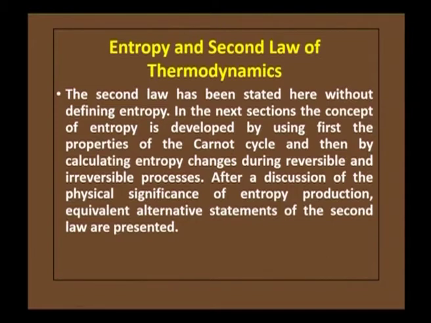In the next sections, the concept of entropy is developed by using first the properties of the Carnot cycle and then by calculating entropy changes during reversible and irreversible processes. After a discussion of the physical significance of entropy production, equivalent alternative statements of the second law will be presented.